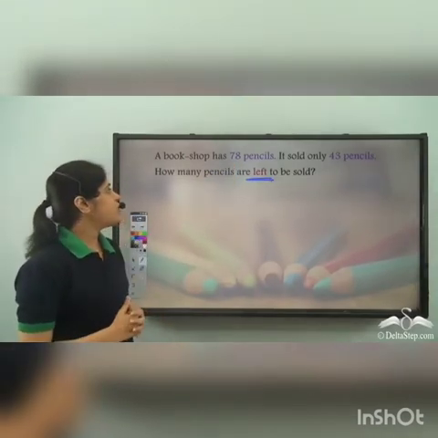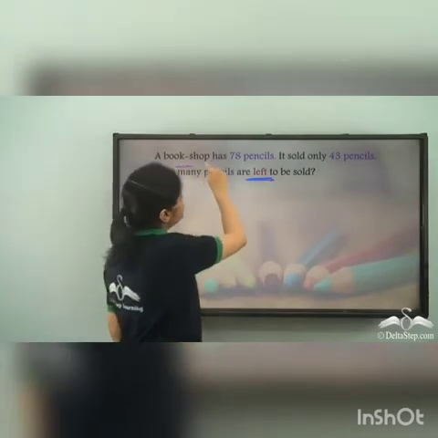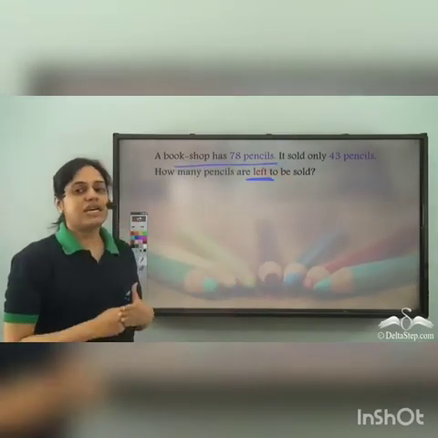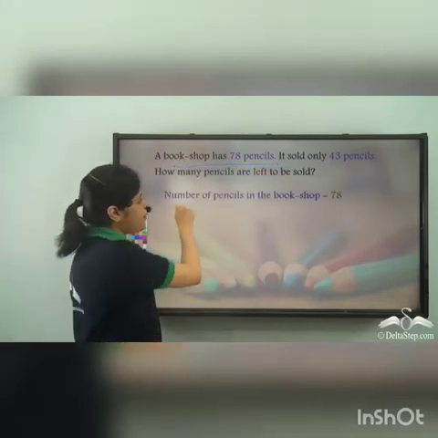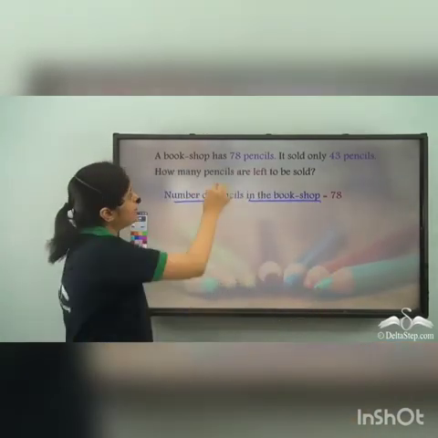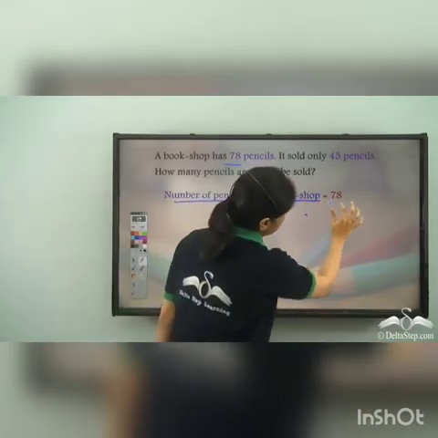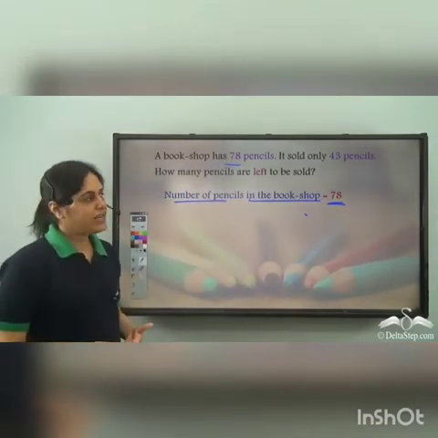So let us start with what is given to us. It is given that the bookshop has 78 pencils. So the first statement is number of pencils in the bookshop. How many were there? 78. What is given next?